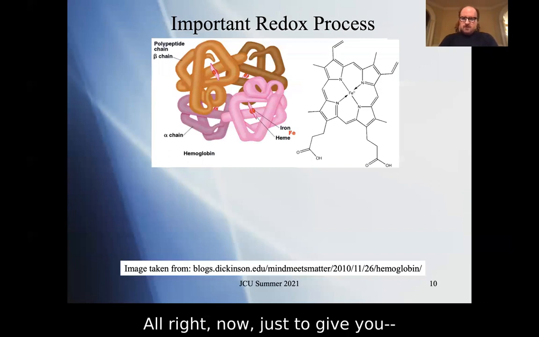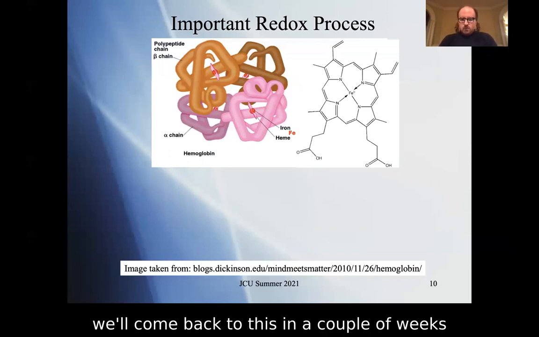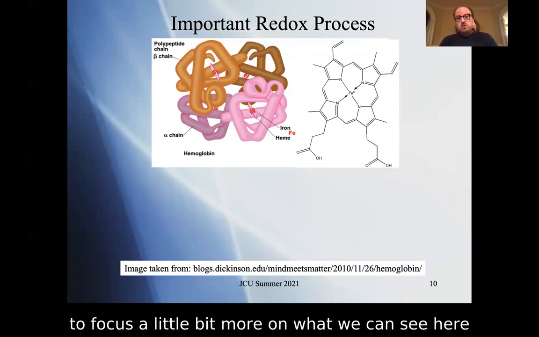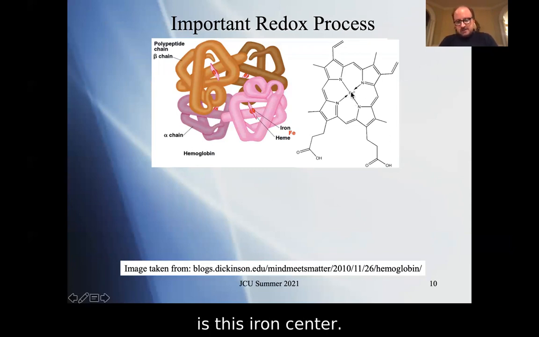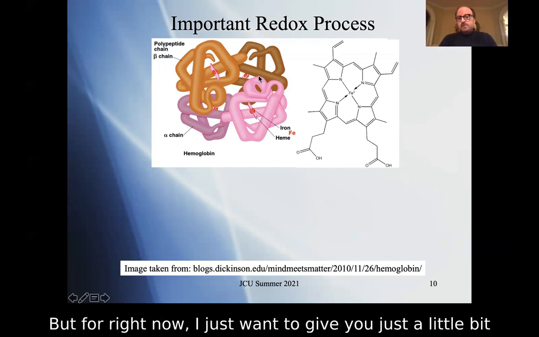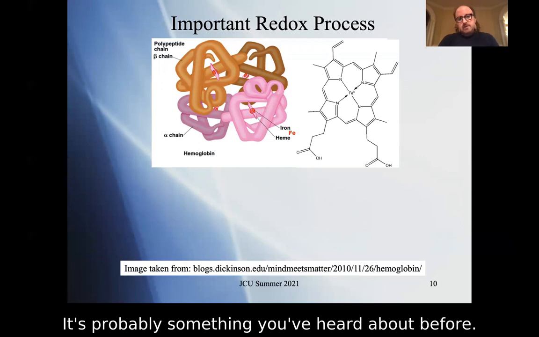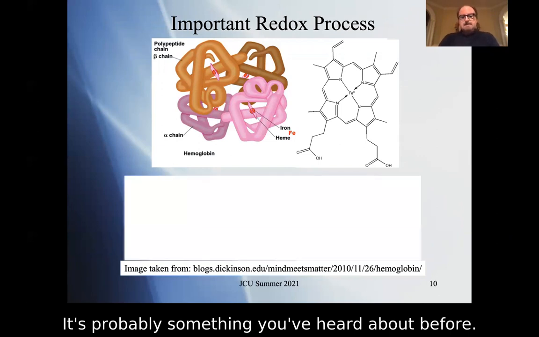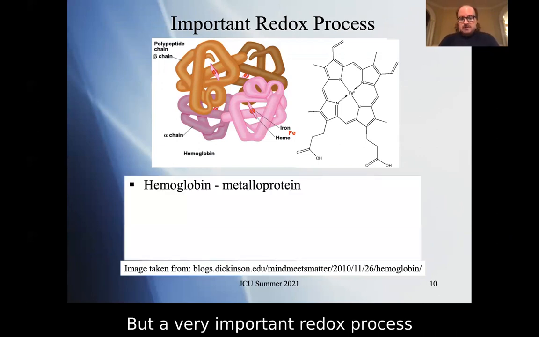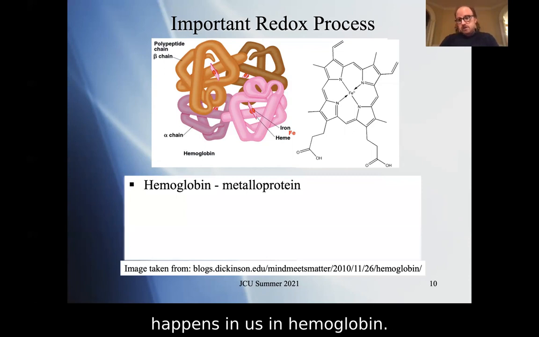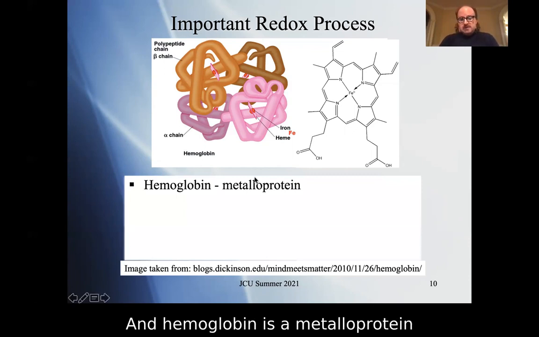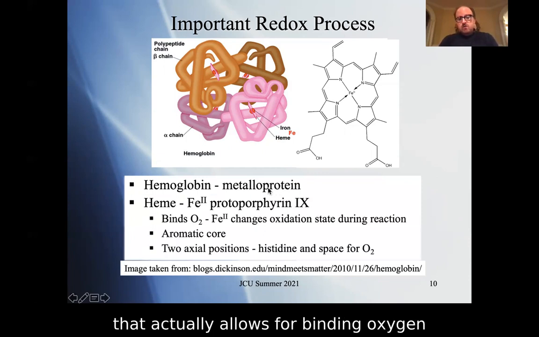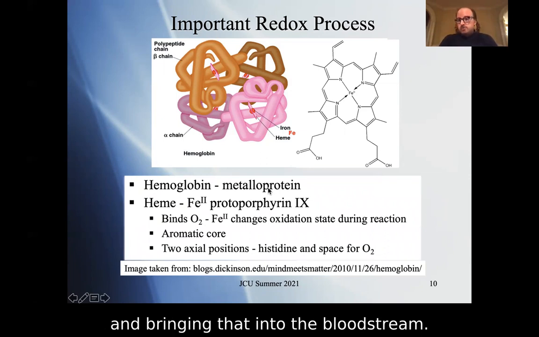All right, now we'll come back to this in a couple of weeks to focus a little bit more on what we can see here, this iron center. But for right now, I just want to give you a little bit of a heads up. It's probably something you've heard about before, but a very important redox process happens in us in hemoglobin. And hemoglobin is a metalloprotein that actually allows for binding oxygen and bringing that into the bloodstream.